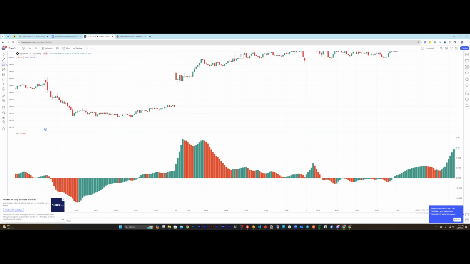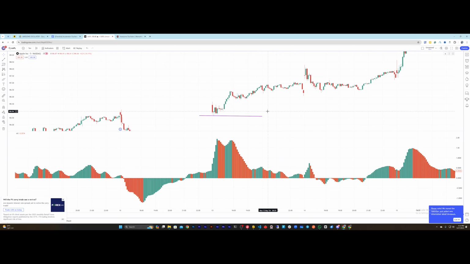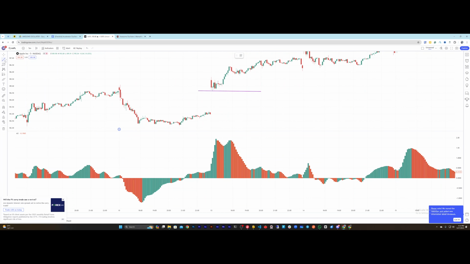So let's say we get into a price. This will be the first price we get. Change colors to maybe something like purple. Yeah, that can be seen well. Let's say this is our open price of our trade, and then we would have a stop loss just below the price.